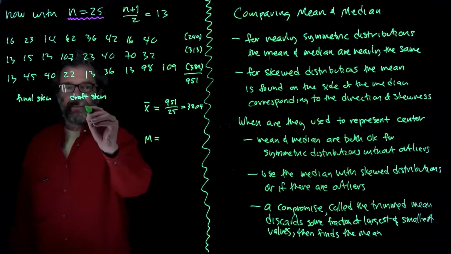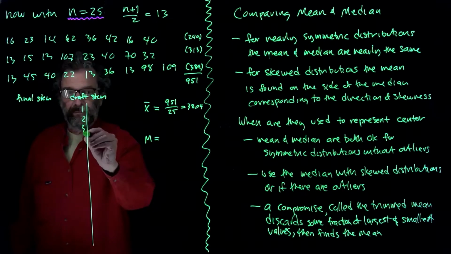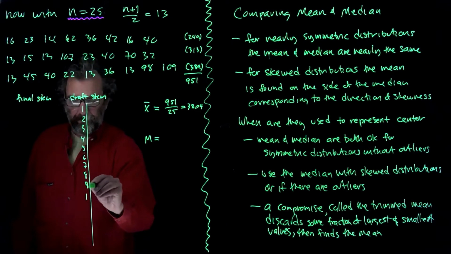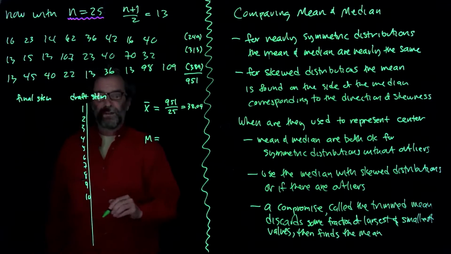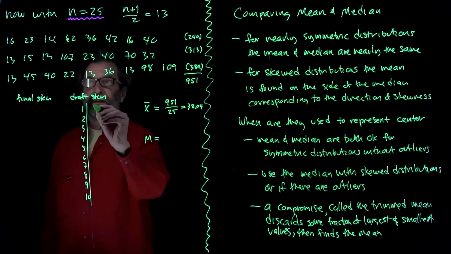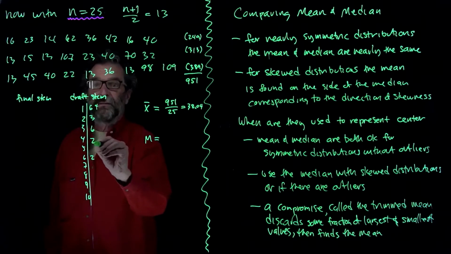First we'll make a graph, a stem plot here. This time I think we only go up to 100. Okay, 16, 23, 14, 62, 36, 42, 16, 40.